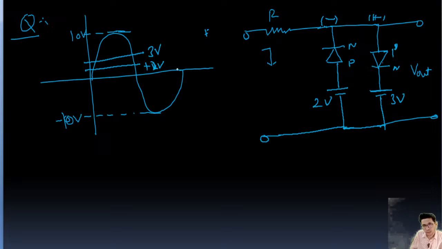This is 2 volt, this is 2 volt. So in that case, the 3 volt above will get cancelled, and this will also get clipped. 2 volt and 3 volt, right? So this graph is going to be now, this is the one, guys.